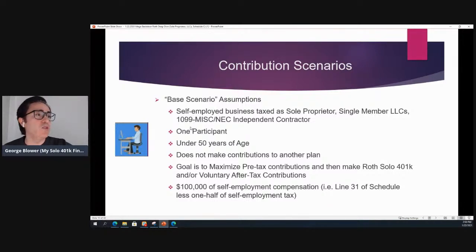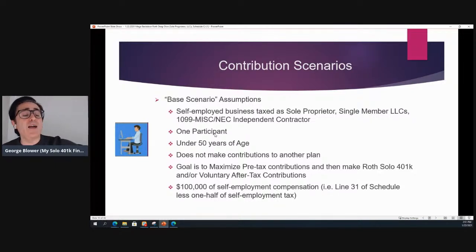So we first start out with the base, and then we'll go through and change different assumptions. The base is someone who is self-employed. Their business is taxed as a sole proprietor, a single member LLC. They're an independent contractor, one of the above. Or it could be multiple sources of self-employment income if they've got multiple 1099 miscellaneouses coming in. It's a one person. They're under 50 years of age. They don't make contributions to another plan.